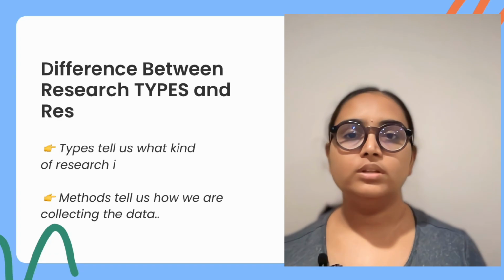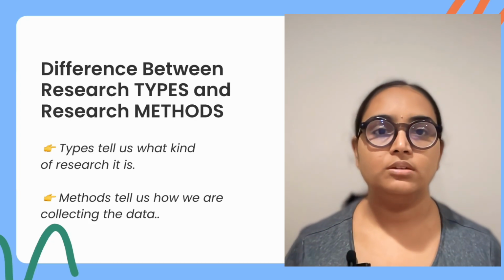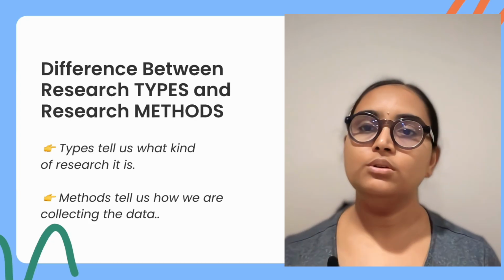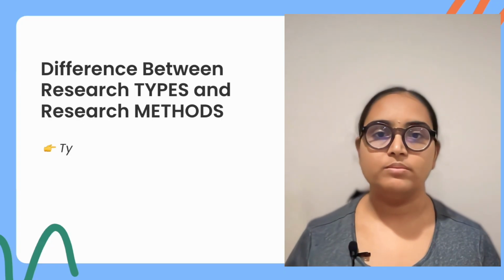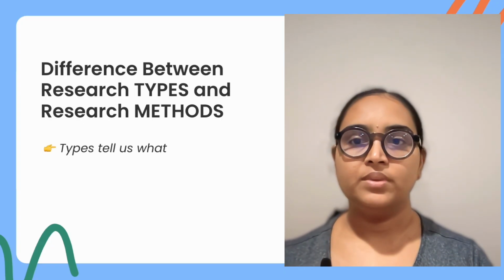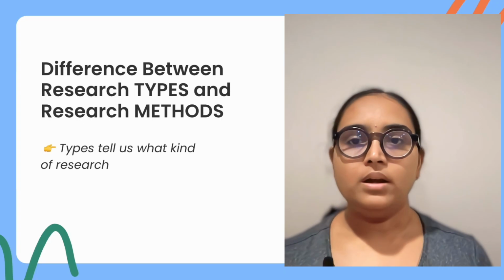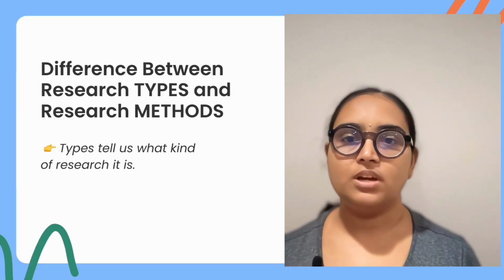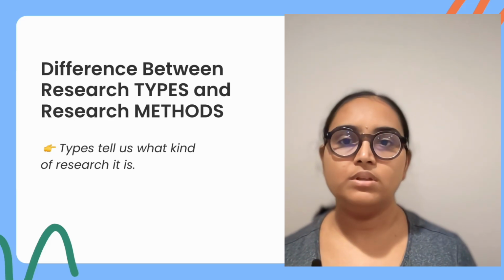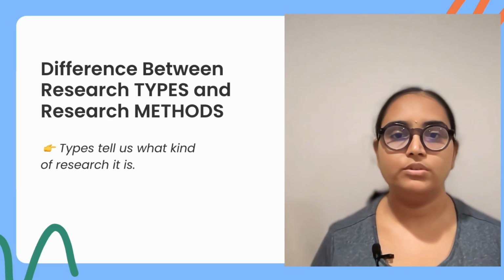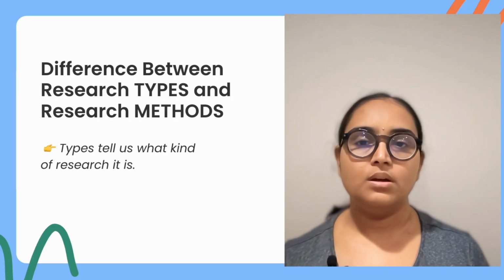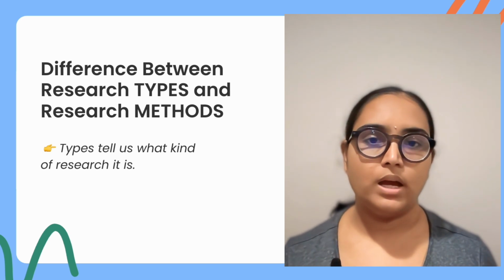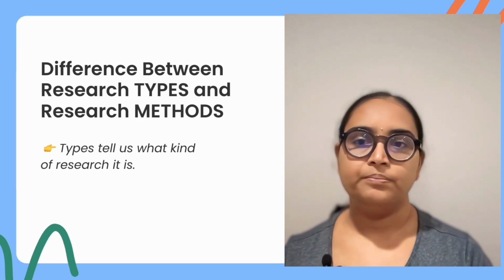Before we go over the types of user research and methods, we should know the difference between research types and research methods. Now, this part is really important. Research types are just categories. They describe the nature or purpose of the research, for example, qualitative, quantitative, attitudinal, or behavioral.